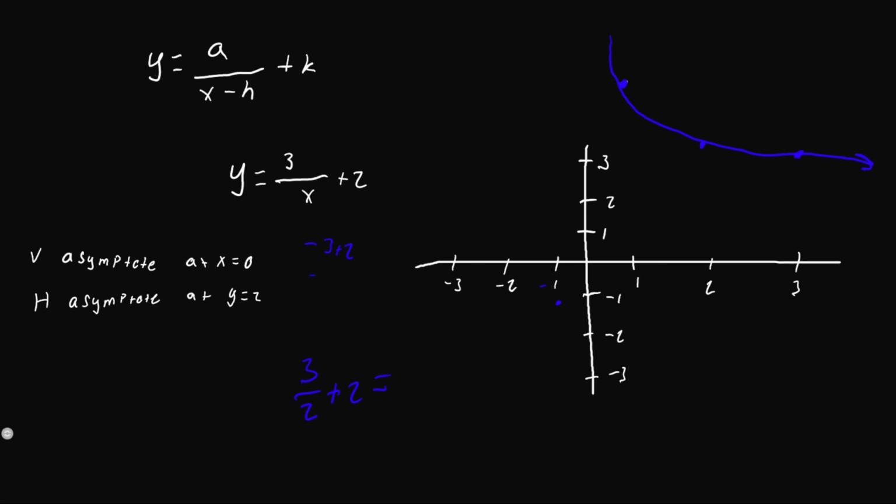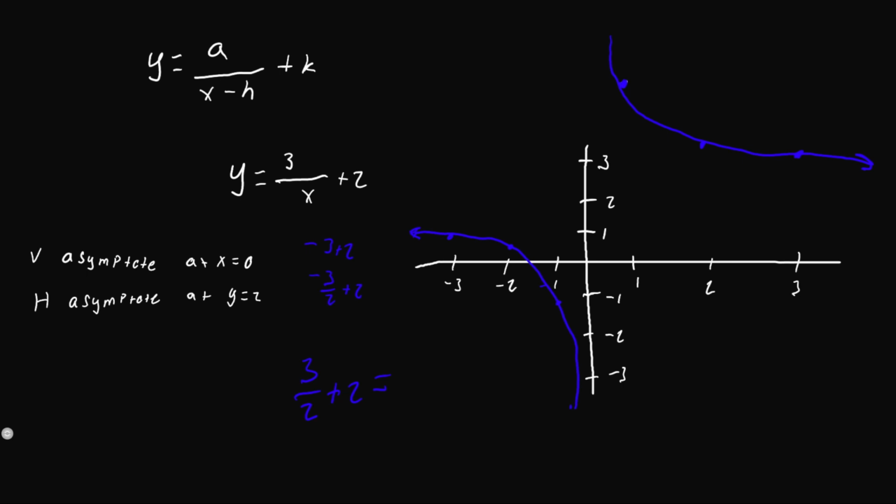But now we have negative 3 over 2 plus 2, which is about 1/2. And when it is 3, we're going to get 1. So it should approach our horizontal asymptote slowly.